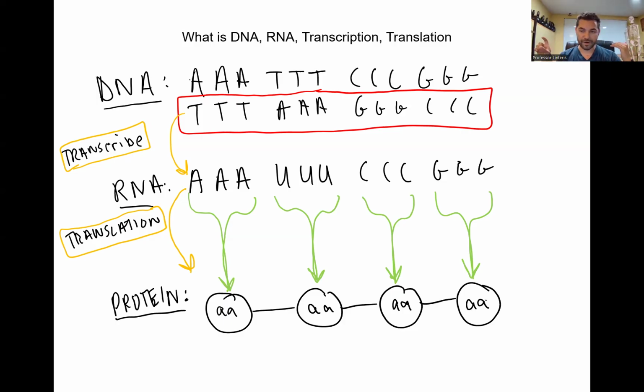We have our strand of RNA. Each 3 letters codes for an amino acid, and there's a chart that'll show you so you know which amino acid is coded for by which codon. And then the ribosome translates that code into a sequence of amino acids. It folds up, you get your protein. Everything that's supposed to happen in the cell happens in the cell. So you need to be familiar with this, and I'll give you a few examples.